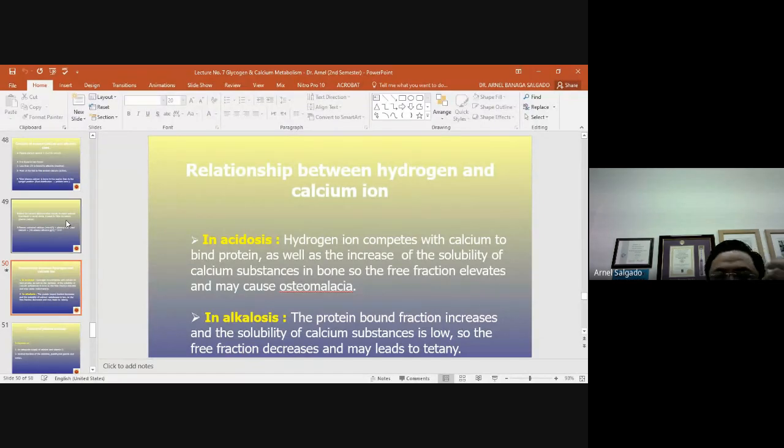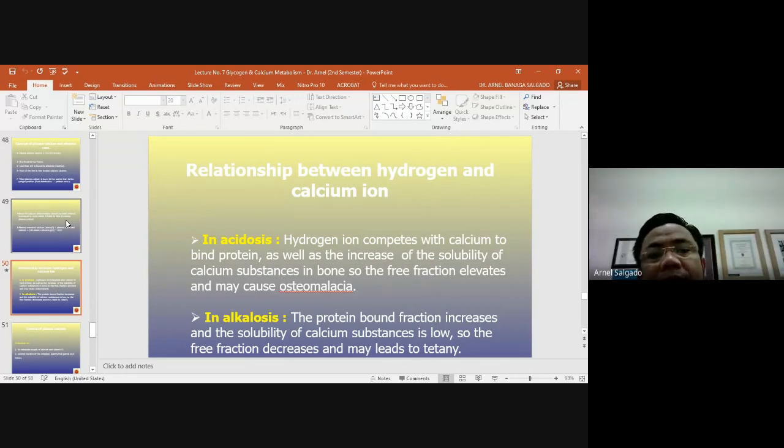So in acidosis, hydrogen ion competes with calcium to bind protein. So hydrogen and calcium are competing. These are cations, positive, as well as the increase of the solubility of calcium substances in bone, so that the free fraction elevates and may cause one condition called osteomalacia, the softening of the bones.